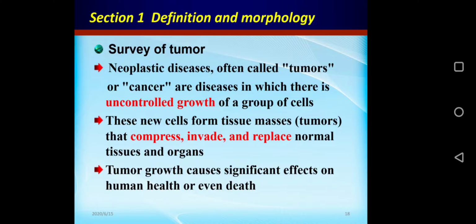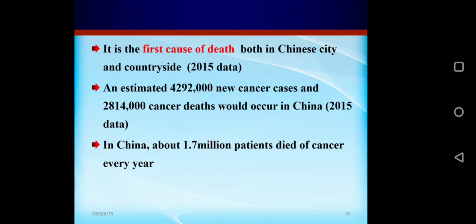Now let's learn the survey of tumor. Neoplastic diseases, often called tumors or cancers, are diseases in which there is an uncontrolled growth of a group of cells. These new cells form tissue masses we call tumors that compress, invade, and replace normal tissue and organs. Tumor growth causes significant effects on human health or even death.